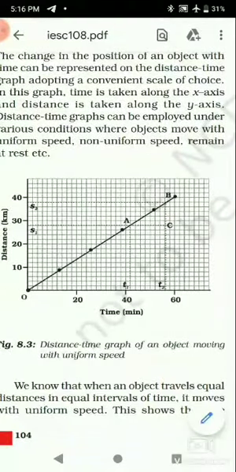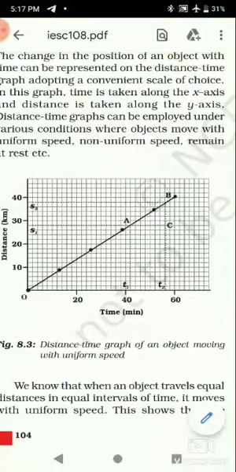From this graph, we can easily find out the speed of the object. How can we get it? Suppose in time t1, the object moves to point A, and when it is at position B, the time is t2. Now the distances covered at t1 and t2 are respectively s1 and s2. So speed will be (s2 minus s1) by (t2 minus t1).